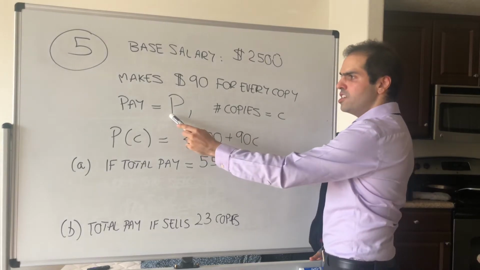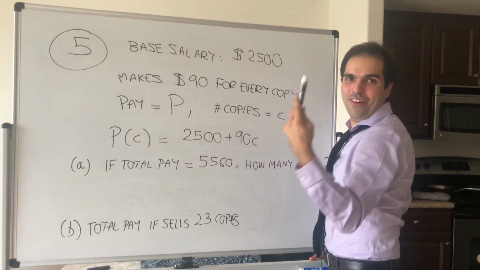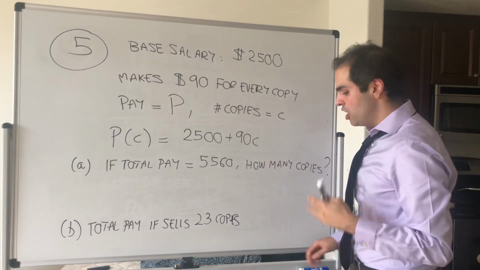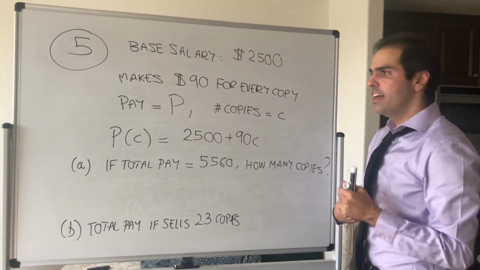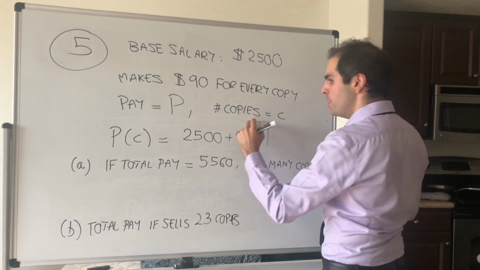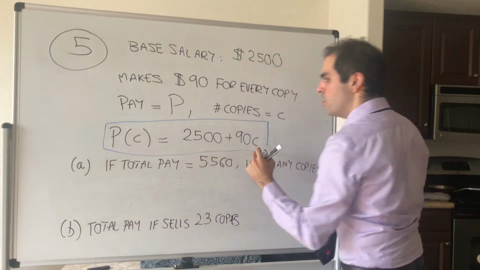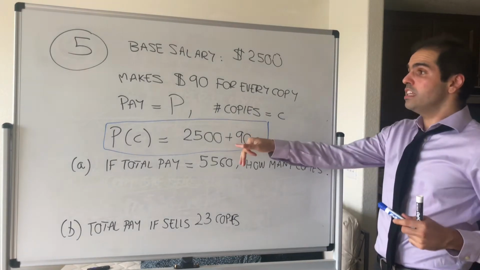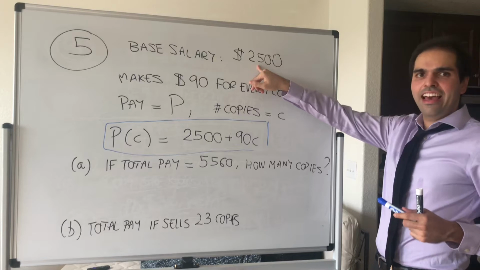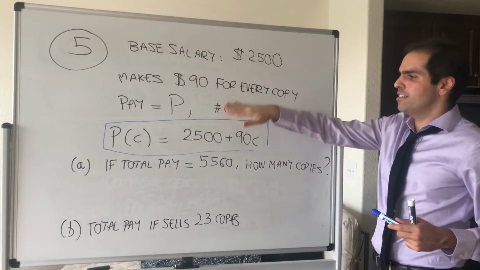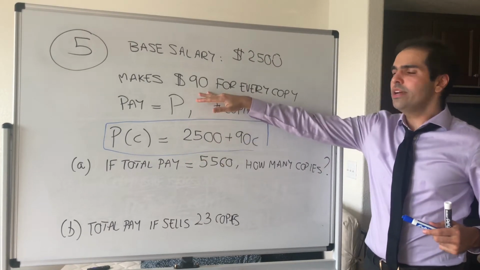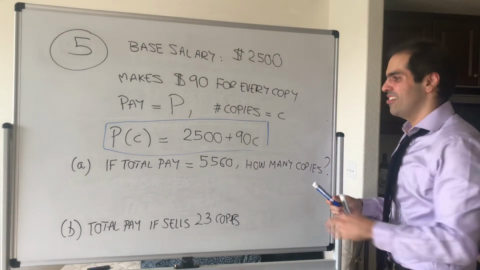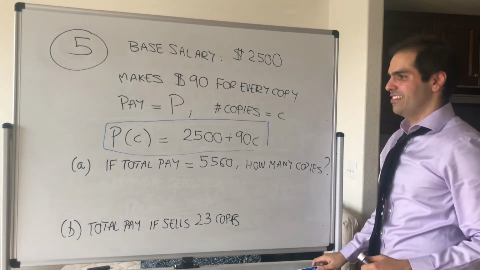And suppose his pay is P, like pay or like Peyam, and the number of copies is C, and assume his pay is related to the number of copies with this function, 2,500 plus 90C. And again, you didn't even need that information because we know the base salary is 2,500 and we know that there's a constant rate. So he's constantly making $90 per copy that he sells.